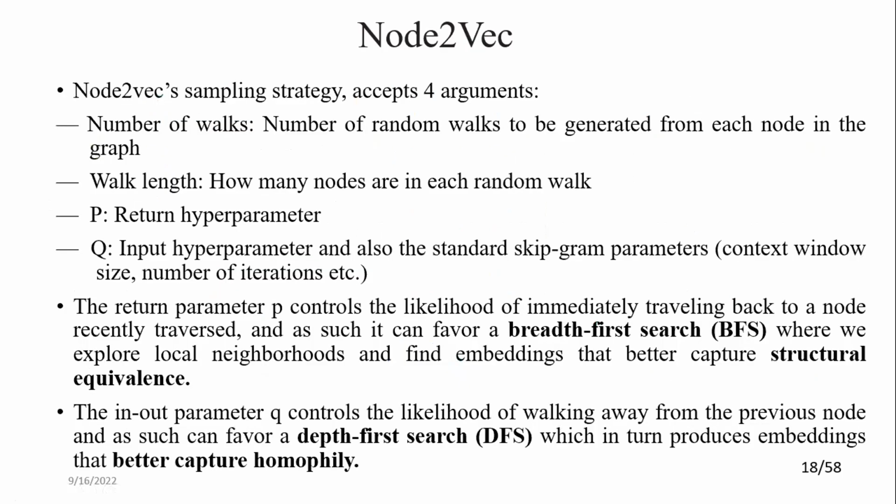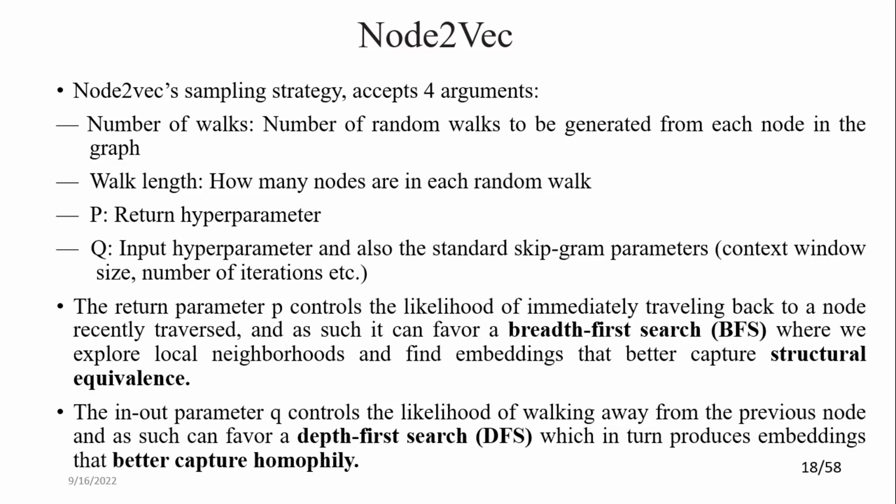In node2vec, we have four parameters: the number of walks, walk length, a return hyperparameter P, and an in-out hyperparameter Q. Basically, node2vec uses two search strategies, breadth first search and depth first search. Breadth first search captures the local neighborhood and then finds the embeddings.